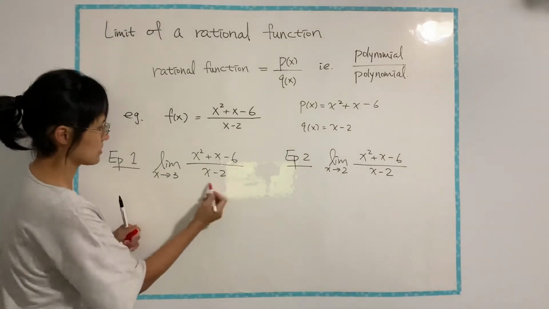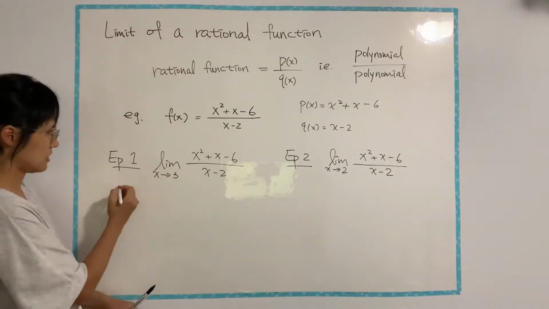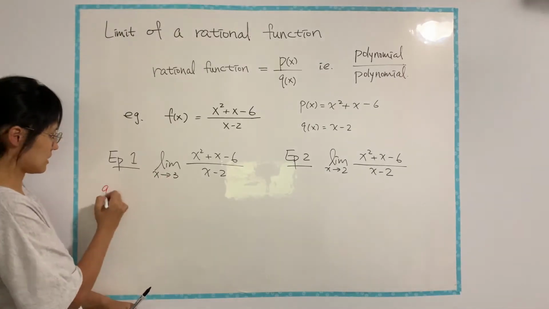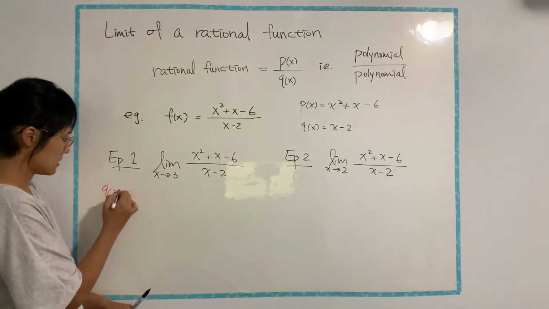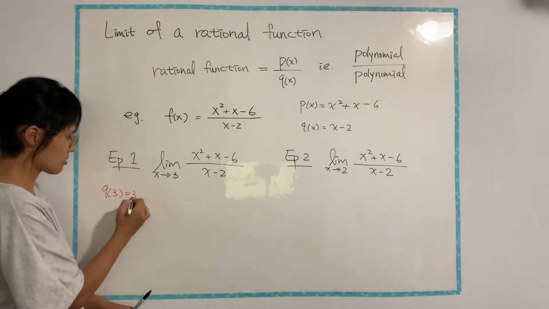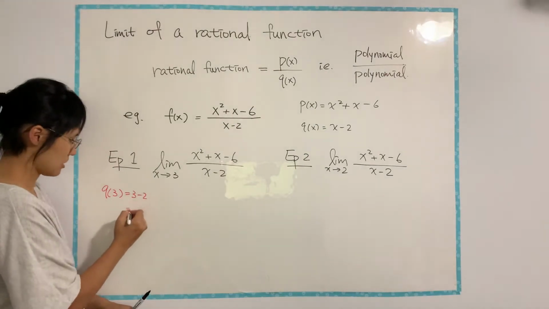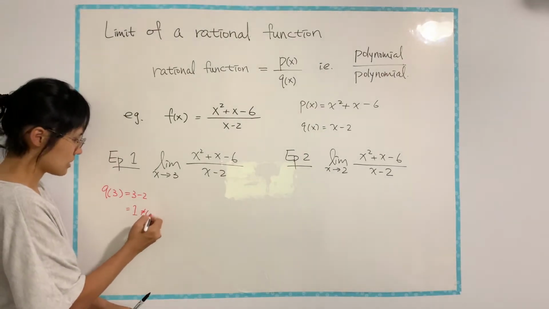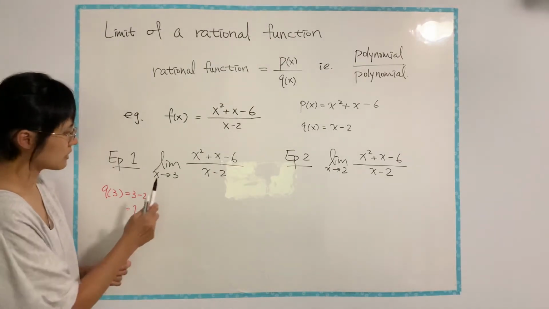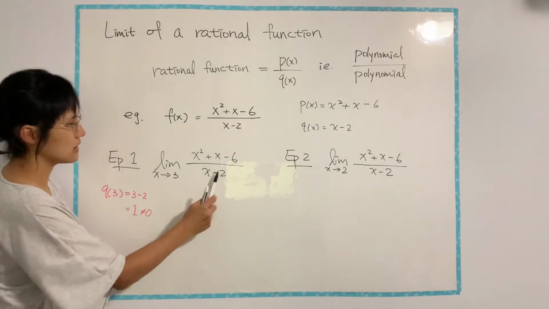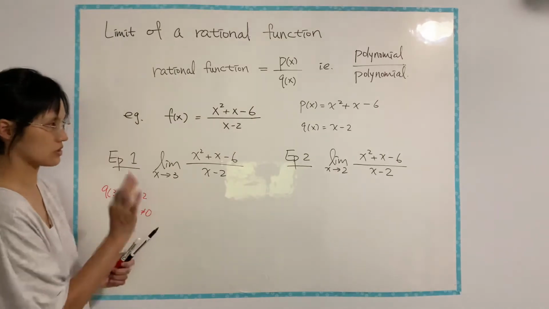In this case, if I call the bottom function q, q of 3 is equal to 3 minus 2, which is non-zero. So I won't have 0 in the denominator, which is good.